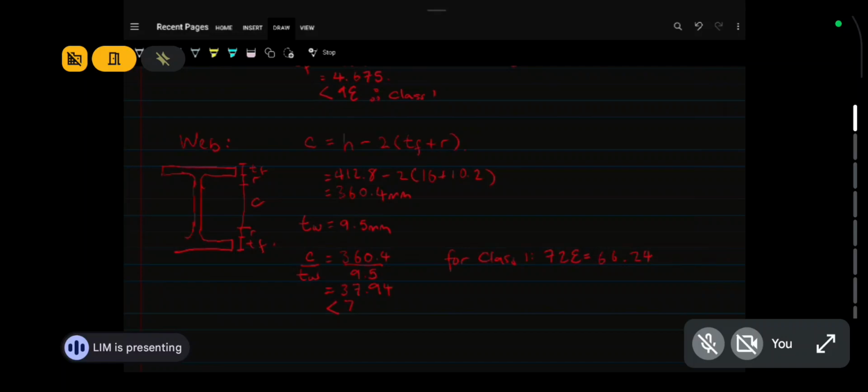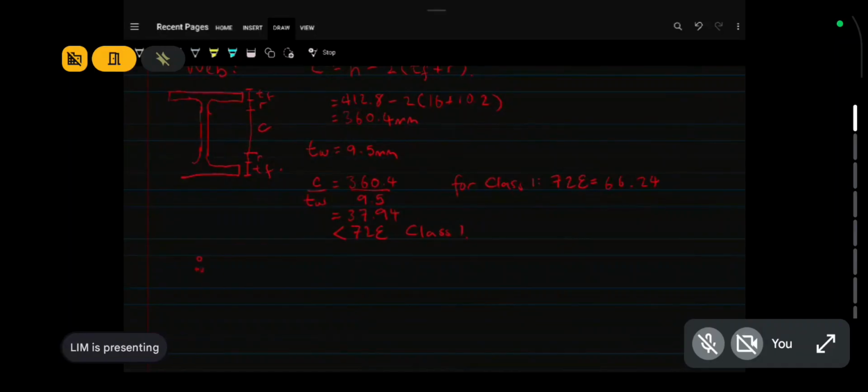So this is less than 72 epsilon, therefore it's class 1. So the flange and web are both class 1.